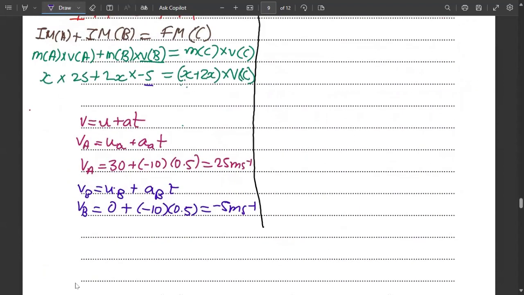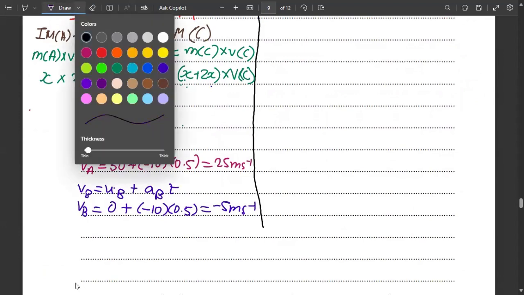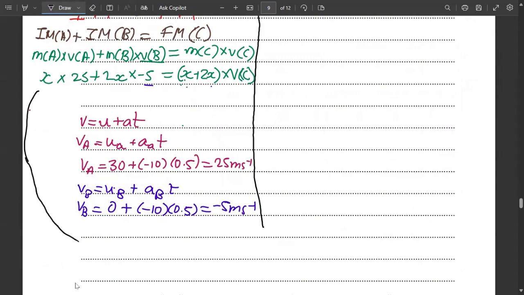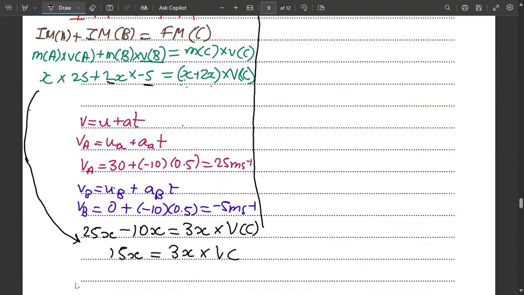So now that we are done with this, x plus 2x into vC, okay. Now, let me simplify this. You will find something shocking now. x into 25 is 25x. 2x, 2 fives are 10, but minus 5 is there, so minus 10x, is equal to x plus 2x, which will be 3x, into velocity of C. 25 minus 10 will be 15x equals 3x into velocity of C. If you have not seen it till now, this 3x goes down, and on both sides x and x will cancel out.